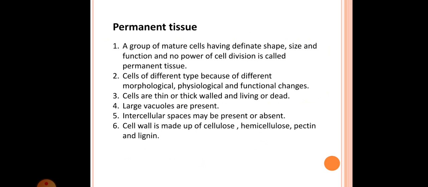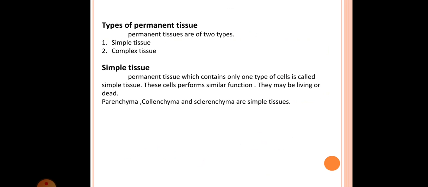Cells are thin or thick walled and living or dead. Large vacuoles are present. Intercellular spaces may be present or absent. Cell wall is made up of cellulose, hemicellulose, pectin and lignin.